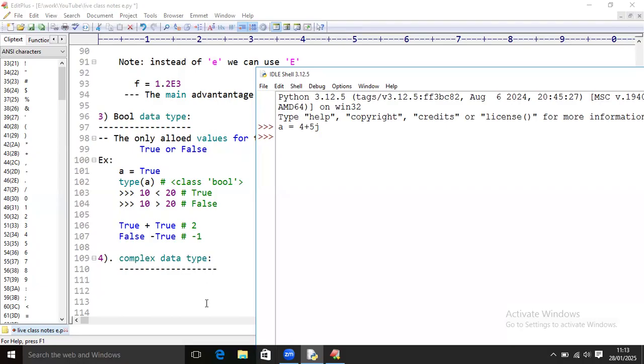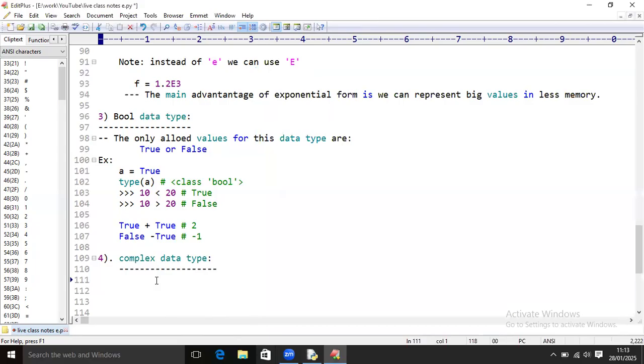Next, here I am going to write the definition for this.